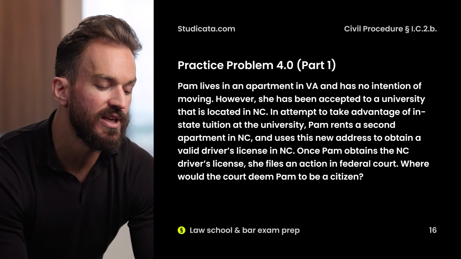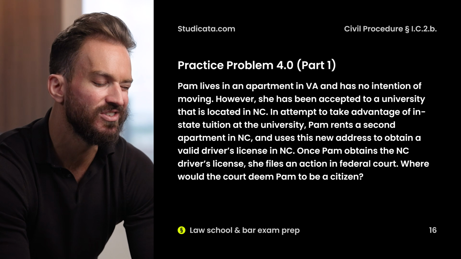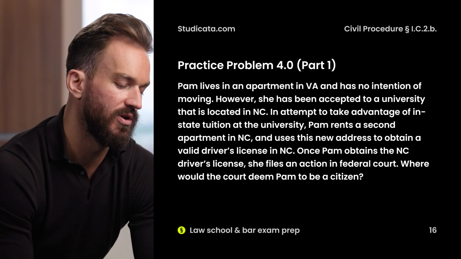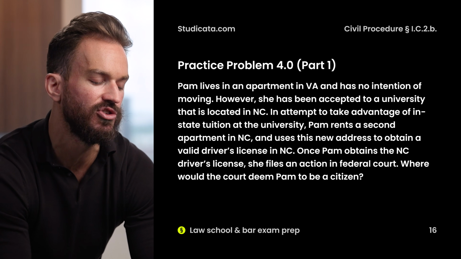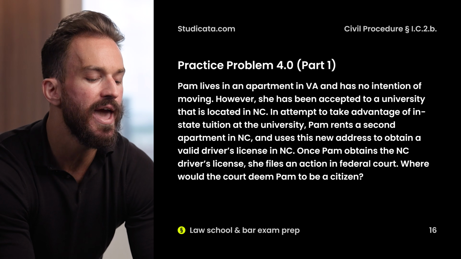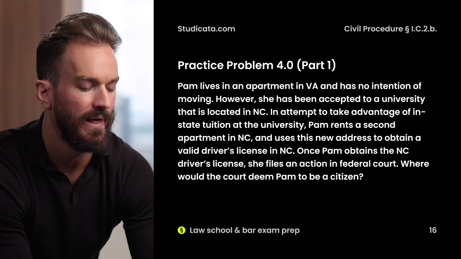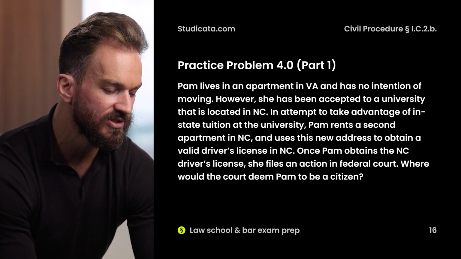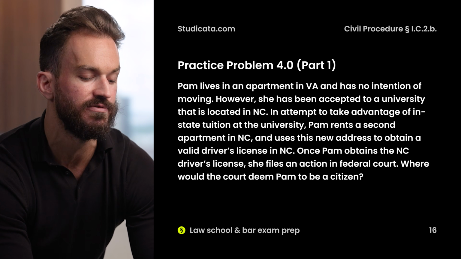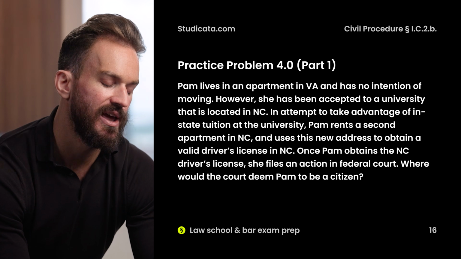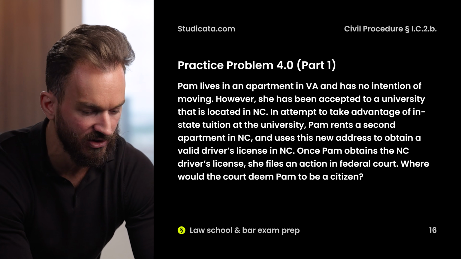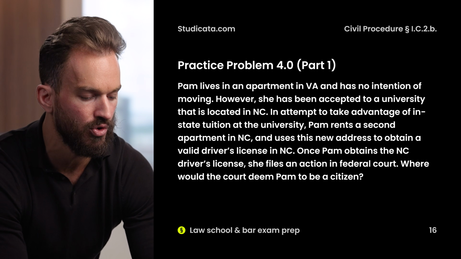However, she has been accepted to a university that is located in North Carolina. In an attempt to take advantage of in-state tuition at the university, Pam rents a second apartment in North Carolina and uses this new address to obtain a valid driver's license in North Carolina. Once Pam obtains the North Carolina driver's license, she files an action in federal court.